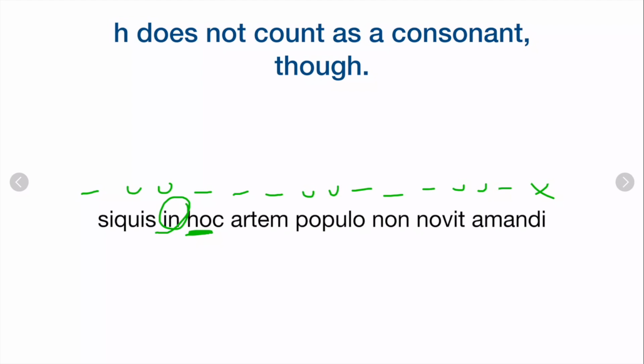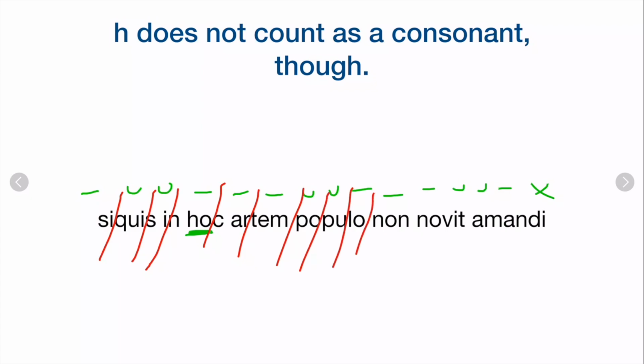Okay, this syllable long, right? Because if we were dividing syllables, right, we'd be dividing it si, qui, si, noc. Okay? No, car, tam, pa, pu, lo, non, no, wit, ta, man, de.